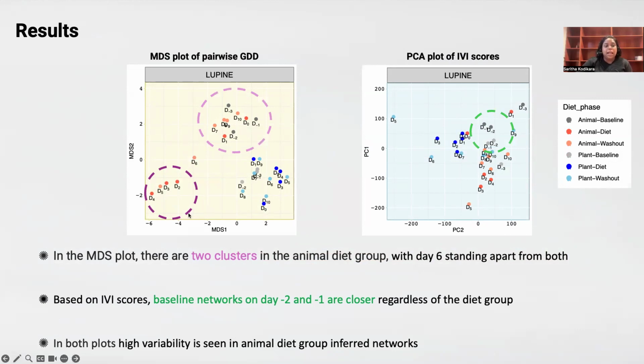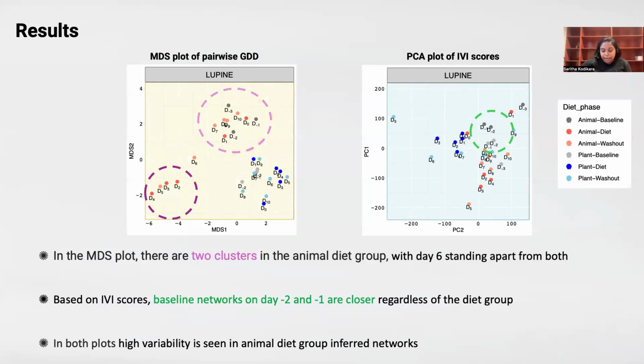For example, in here we see that there's a clear grouping pattern in the animal networks, where the intervention is happening, and also the earlier stages of wean-off are grouped together, and the later stages of wean-off and the start of the experiment are grouped together. And you see day 6 standing in between these two clusters.